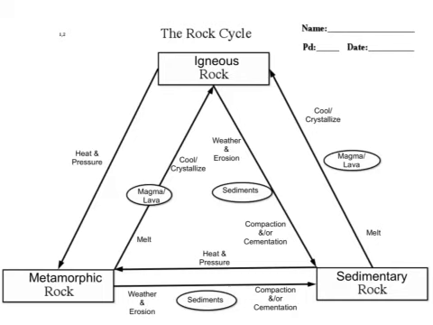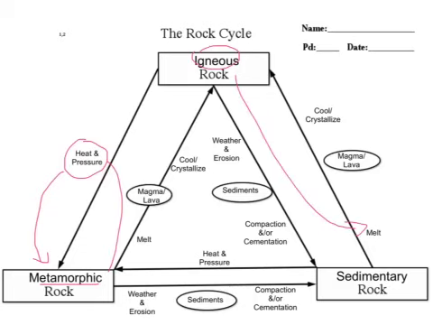Now remember, we can form a metamorphic rock from another metamorphic rock. This diagram doesn't show that. But if you have a metamorphic rock, you can add heat and pressure to it, and it'll turn back into a metamorphic rock. Same thing with igneous. If we have an igneous rock, we can melt it, which will form magma or lava.